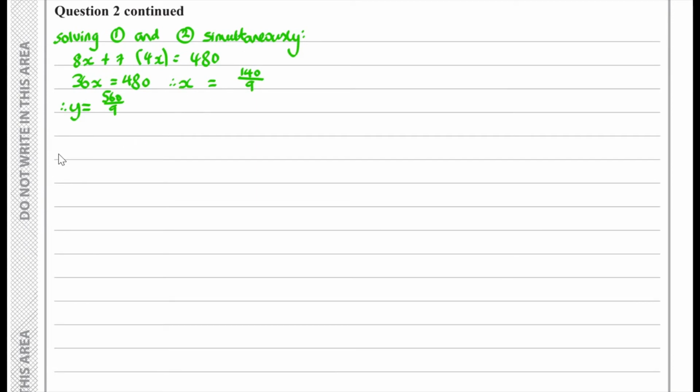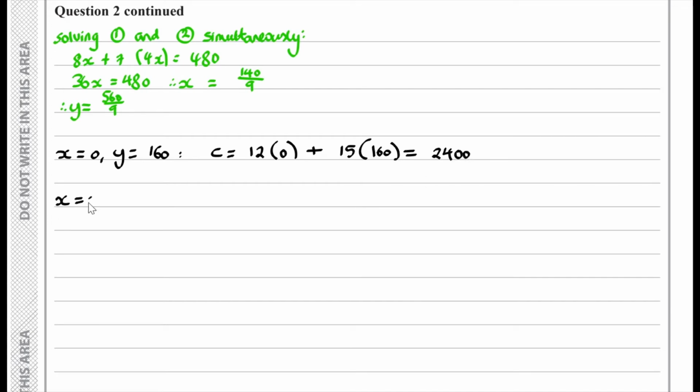When we have x equals 0, y equals 160, c is equal to 12 times by 0 plus 15 times by 160, which is 2400. When x is 0, y equals 80, c equals 12 lots of 0 plus 15 lots of 80.